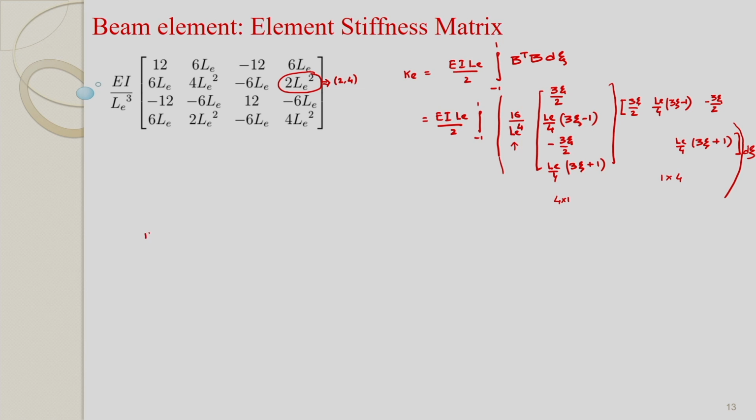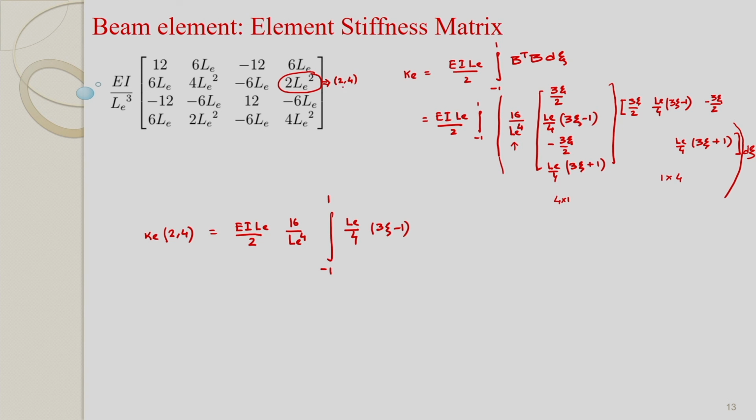so Ke 2 comma 4 will be EI Le by 2, 16 by Le to the power 4, because it is second row, integral minus 1 to 1 of Le by 4 (3 xi minus 1).